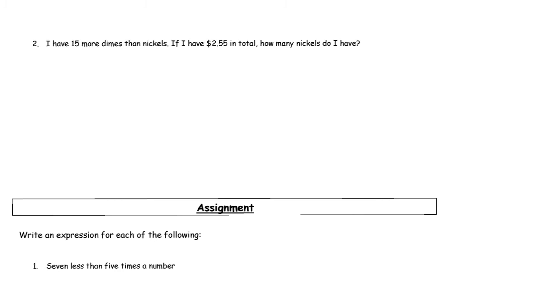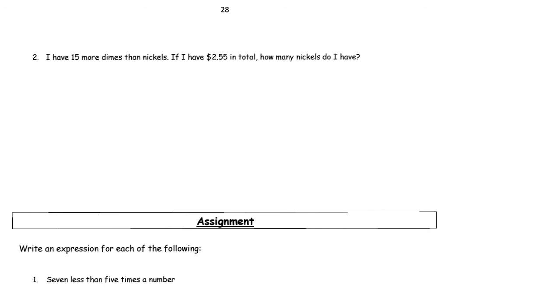Okay. I have 15 more dimes than nickels. If I have $2.55 in total, how many nickels do I have? Okay, I have 15 more dimes than nickels. So let's do this. Let x be the number of nickels.